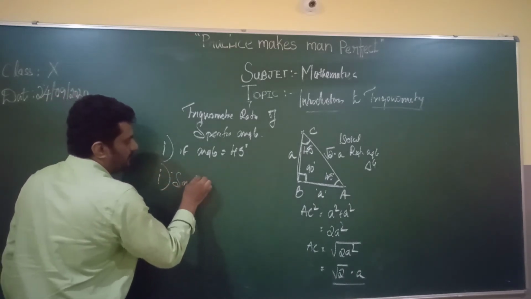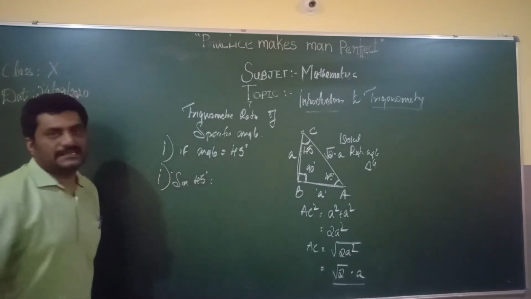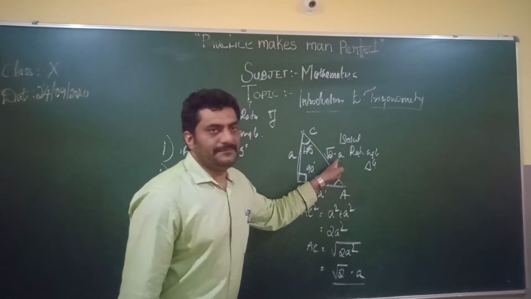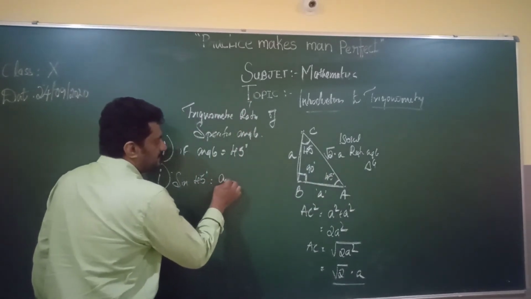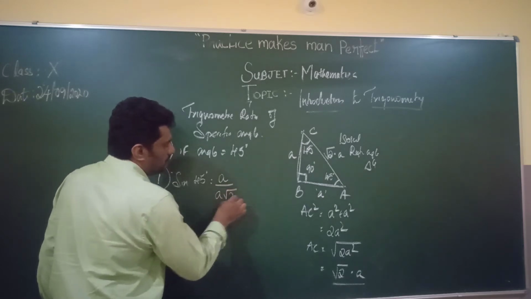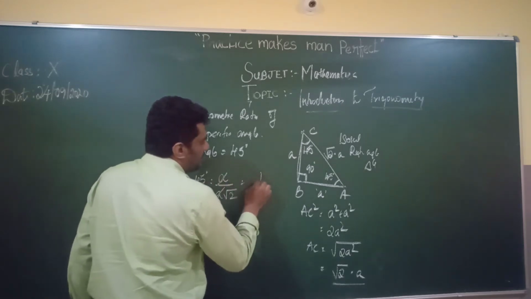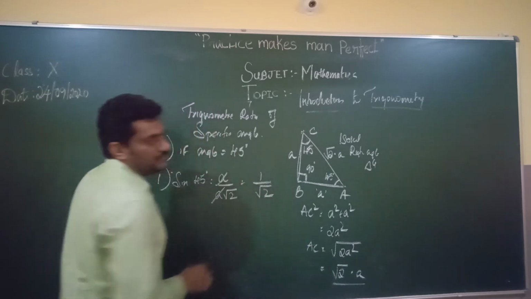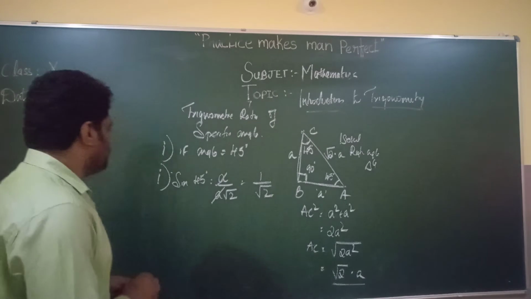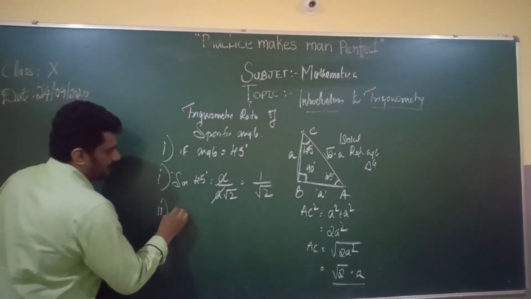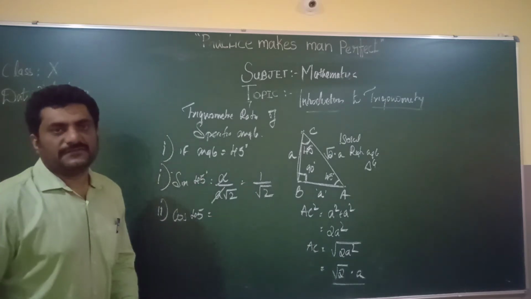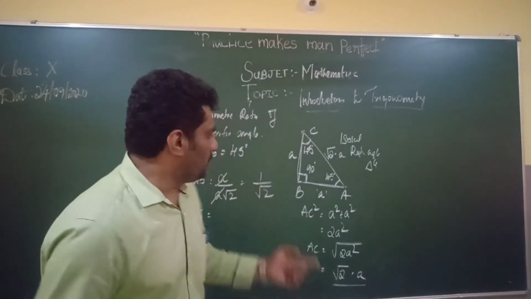Sine 45 degrees. That means this angle is 45. Opposite by hypotenuse: opposite is A, hypotenuse is A root 2. These two get cancelled, the value is 1 by root 2. So the value of sine 45 is 1 by root 2. Similarly, cos 45: adjacent by hypotenuse.